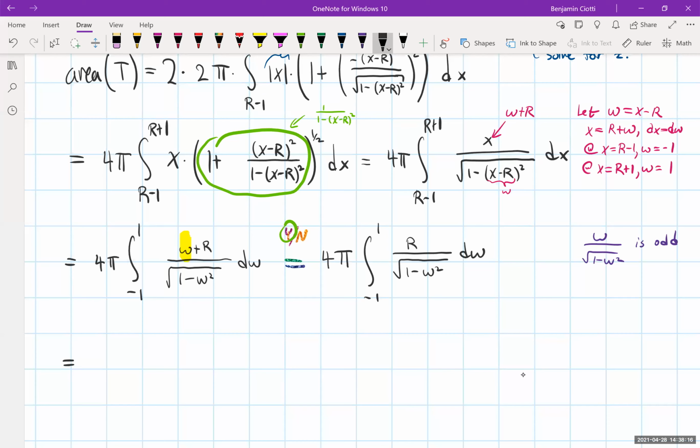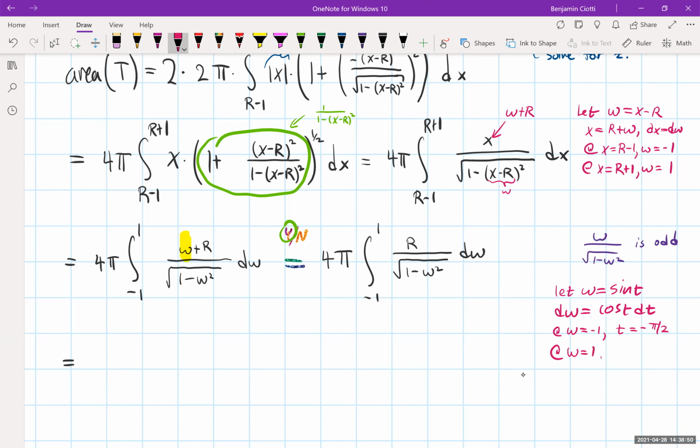I could write it as, let me do another substitution. Let W equal sine t. dw is cos t dt. At W equals -1, t is -pi over 2.